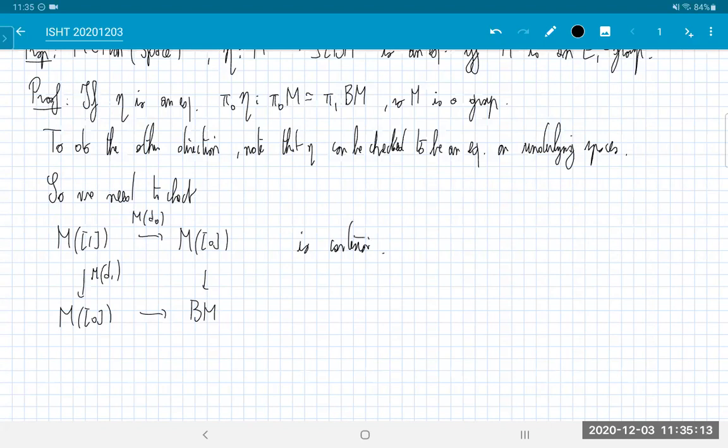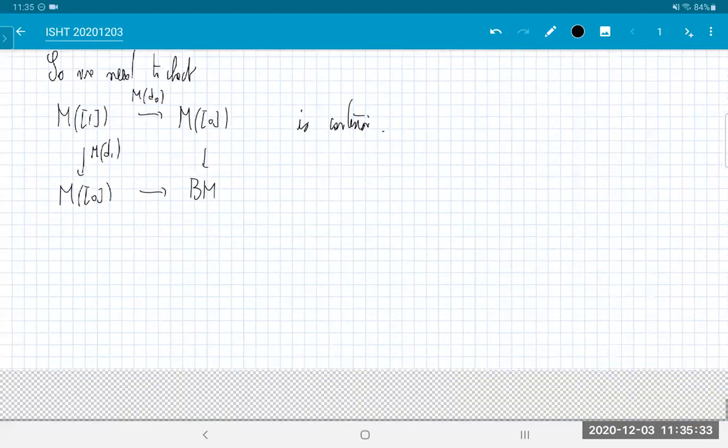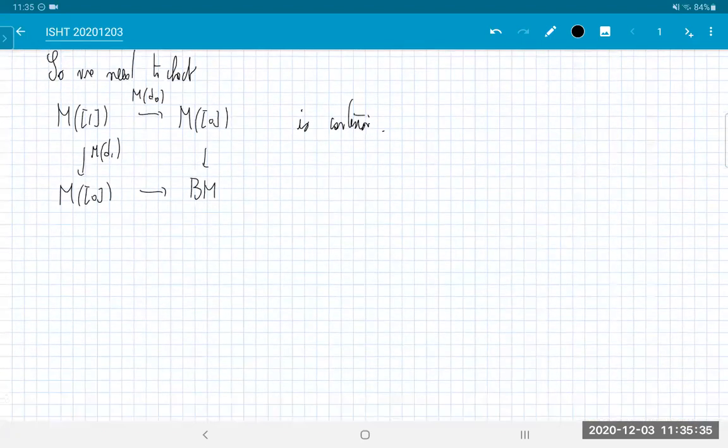That's what it boils down to. Remember, this was the map on underlying spaces from M of 1 to omega B of M. And we're going to use descent. Now you understand why the fact that certain maps coincide is important.